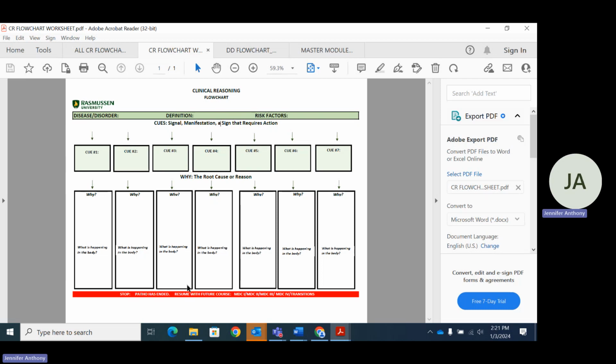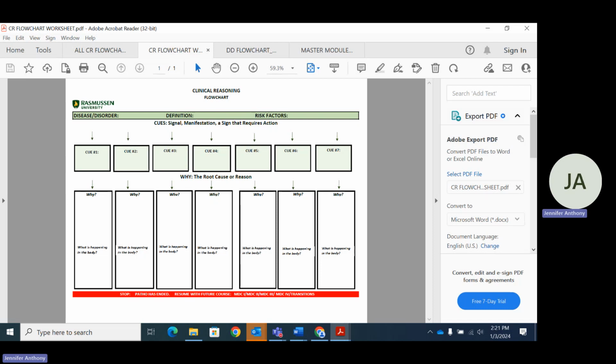But for now, all they need to know is the disorder, its definition, its risk factors, all the cues that would be seen. That's your signs and symptoms in the clinical reasoning process, why they see them, and what is happening in the body.